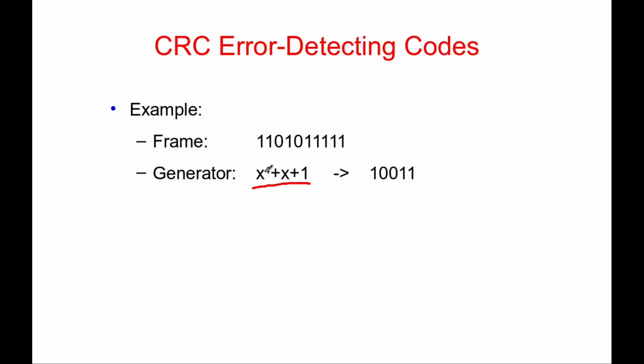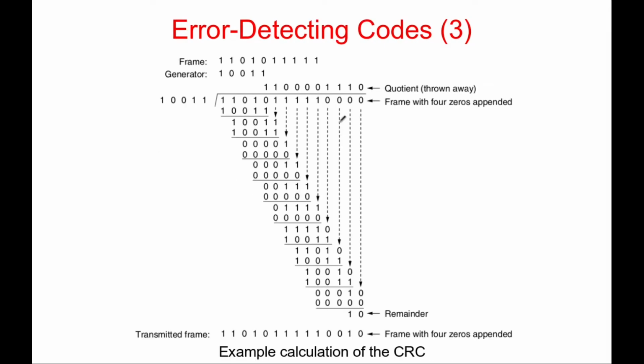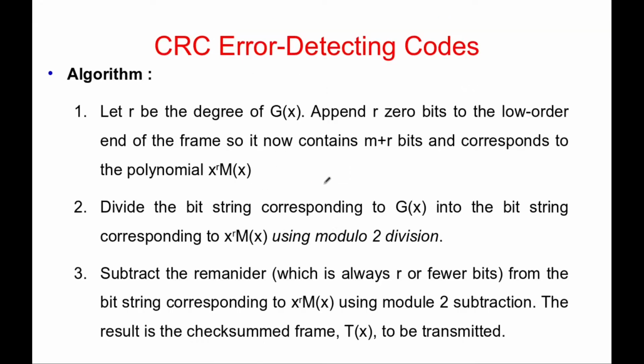As the degree is 4, we need to append 4 zeros, as we have seen previously, at the lower end of this data frame. Now, as you can see here, these are the original data bits to which we have appended those 4 zeros, and this now becomes x raised to r into m(x), as we have seen previously.